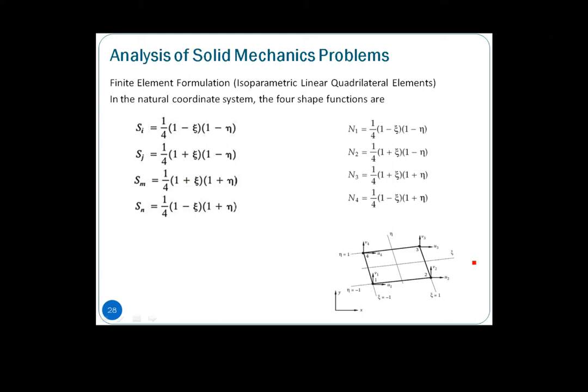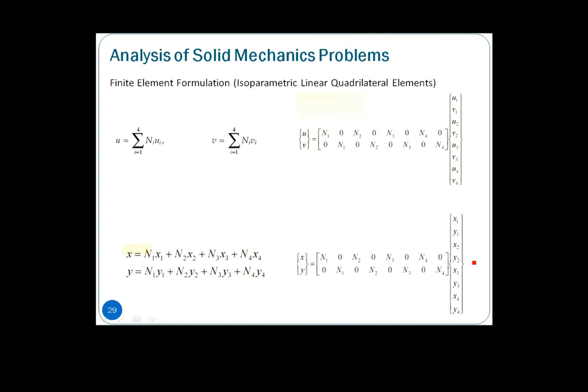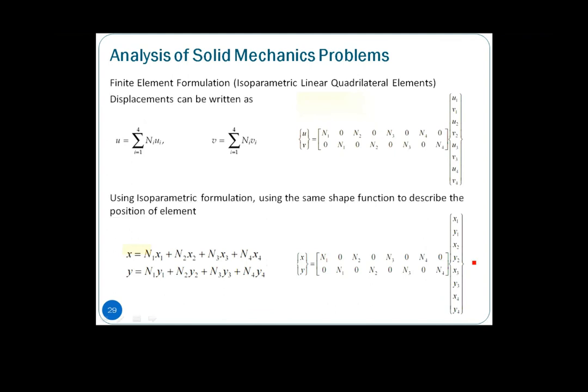So in terms of the shape functions, in terms of the natural coordinates psi and eta, your displacement field as well as the position, or what we call the geometry, is represented by using the same shape function, as you've seen here.